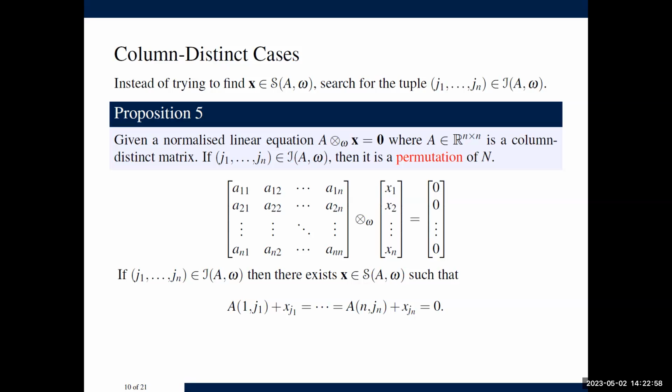That's why each column here must be equal to x_i or x_j. That's why the minus one. So when we collect every index here, j_1 up to j_n, they cannot be the same. Why? Because this column has distinct elements. That is the reasoning why the solution index must be a permutation.